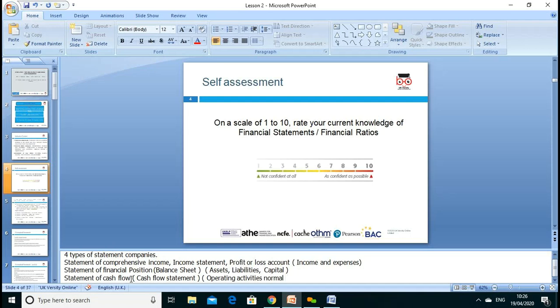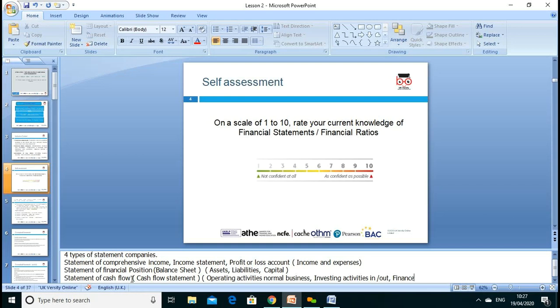Operating activity means normal business, your core business. Then we have investing. If you have spare cash, you can invest in different businesses, and that will be your investing activities. So we can look at how much cash goes in and out of the business under the investing activities as well.